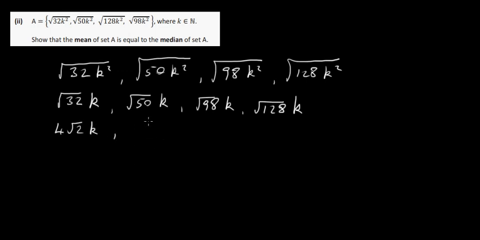50 is actually 25 times 2, so in other words square root 50 is just the square root of 25 times 2. Square root 25 is 5, so we get 5 times root 2.